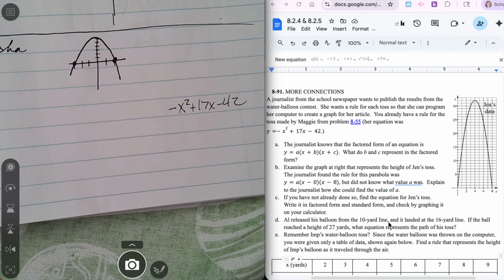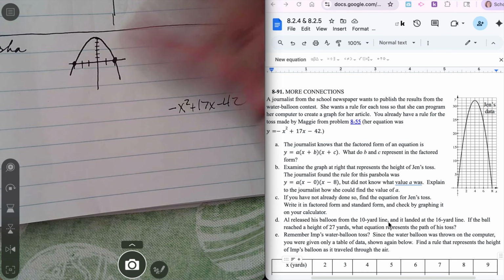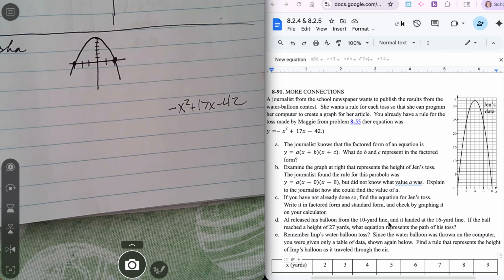The journalist knows that a factored form of an equation is y equals a(x plus b)(x plus c). Now, I wrote up above using (x minus a)(x minus b). Minus and plus, you could set it up either way. It just matters that in the end, we correctly fill out those pieces to make that zero product property work.